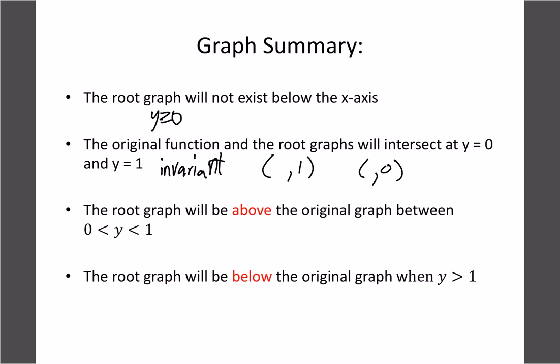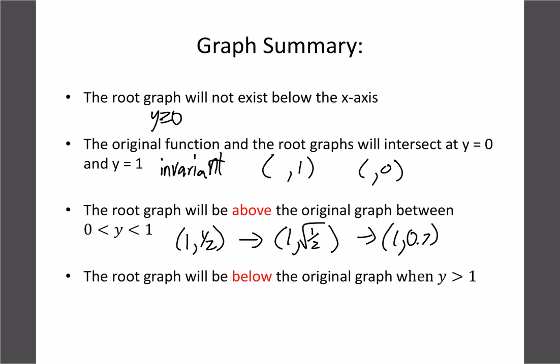And then what we see is anytime our y value is between 0 and 1, let's suppose we had something like (1, 1/2), when we do the square root of a half, we get about 0.7.